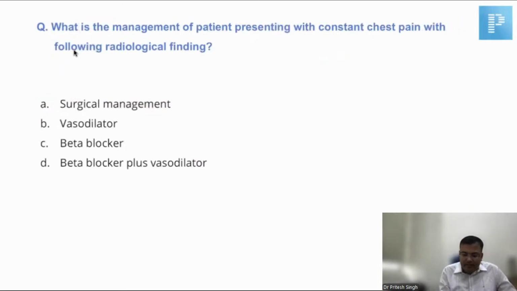Okay. Next, what is the management of a patient presenting with constant chest pain with the following radiological finding? Guys, what was the problem? There was constant chest pain. Anybody remembers this question?